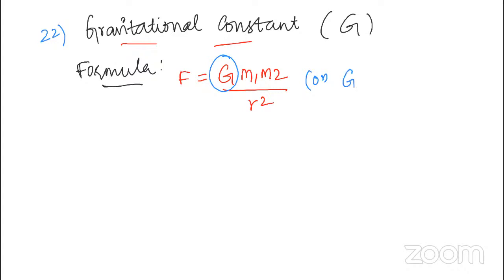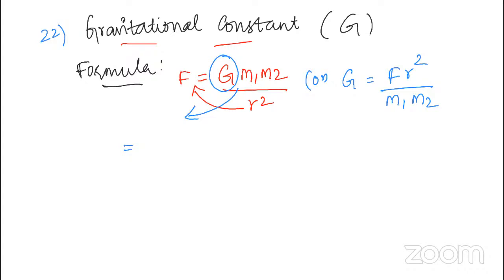G is equal to F R square divided by M1 M2. We just bring R square here and M1 M2 here. Now tell me the unit for this case.